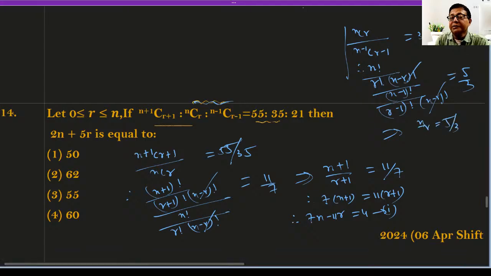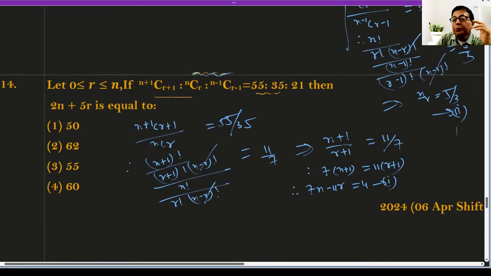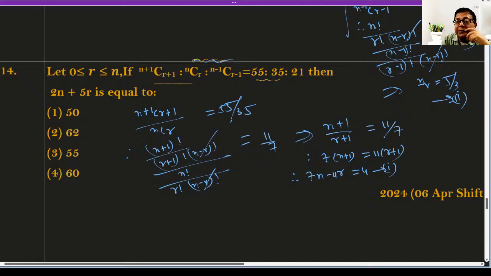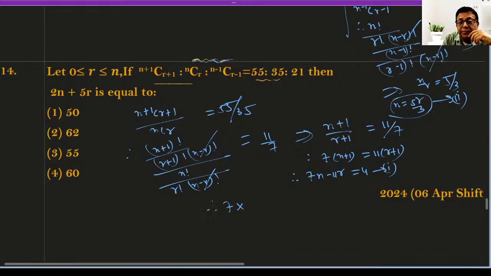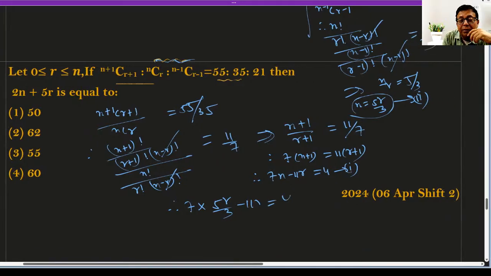N by R is 5 by 3. This is number 2. Now put the value of n here from there. n is 5r by 3, substitute here. So 35 minus 33, R is 6, N is 10.